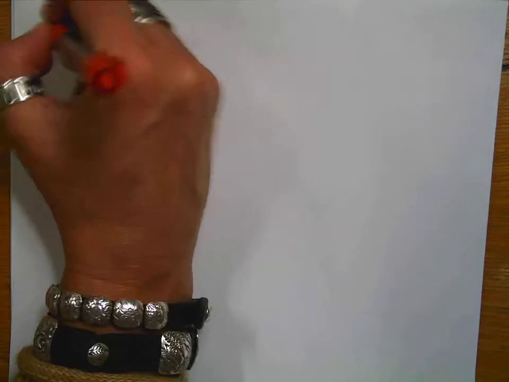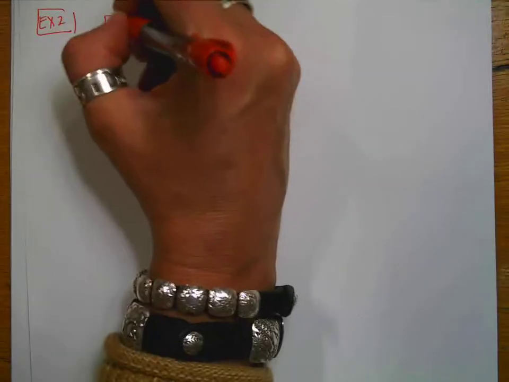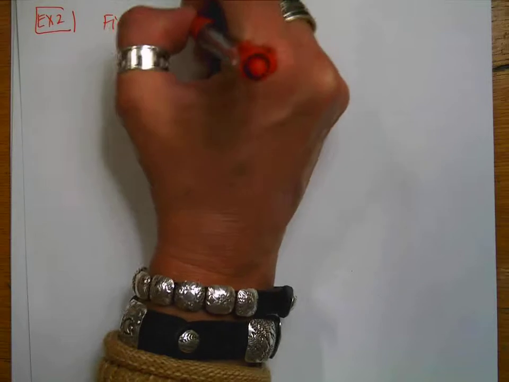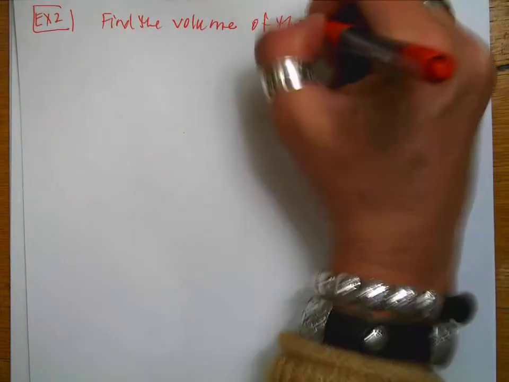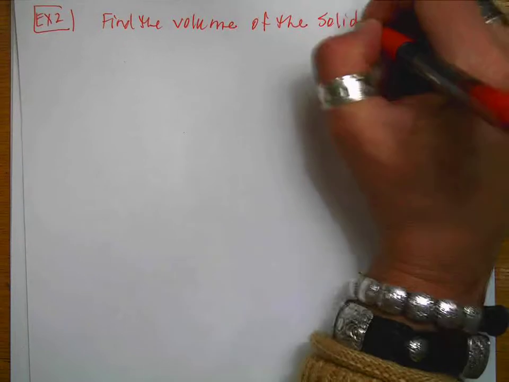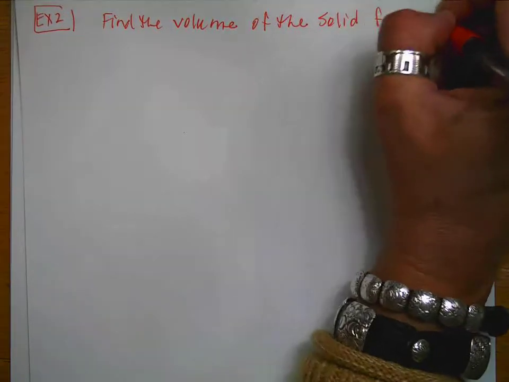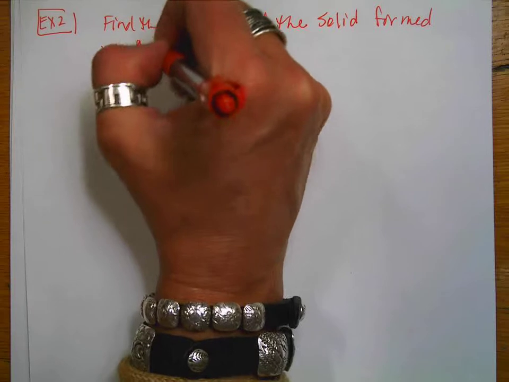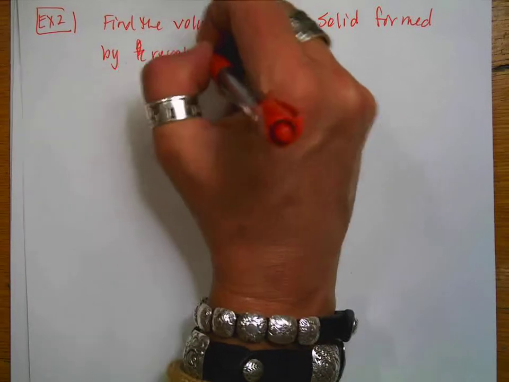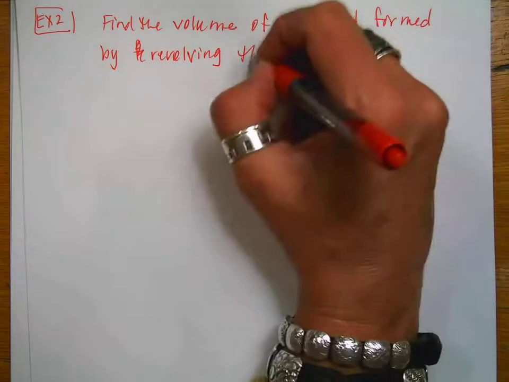So example number 2. I want to find the volume of the solid formed by revolving. Again, all of the directions are going to be about the same, but it's nice to recognize what our words are going to say.